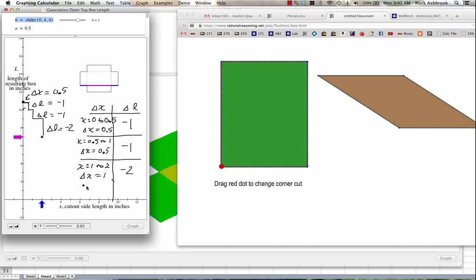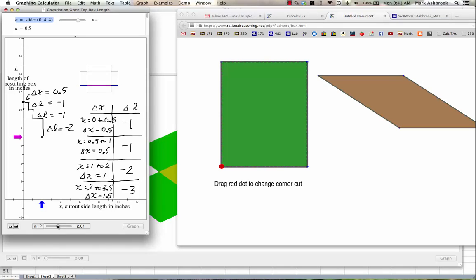Finally, let's do one more. Do 1.5. So X goes from 2 to 3.5. You do all the rest. So from 2 to 3.5, delta X is 1.5. Delta L, -3. Let me show it. Here we go.